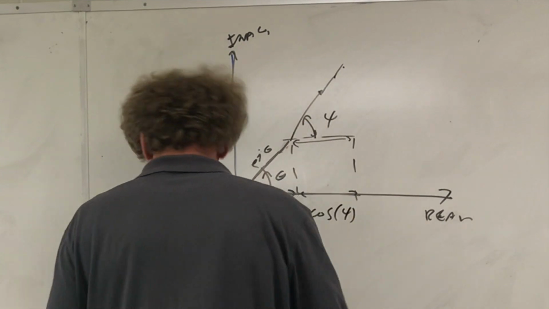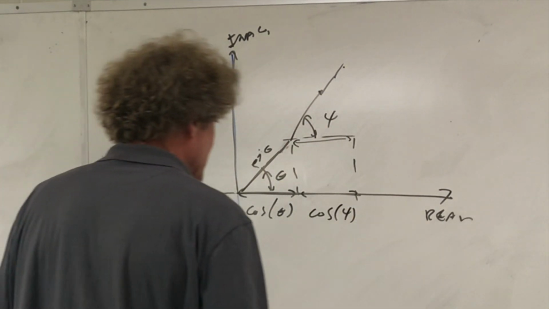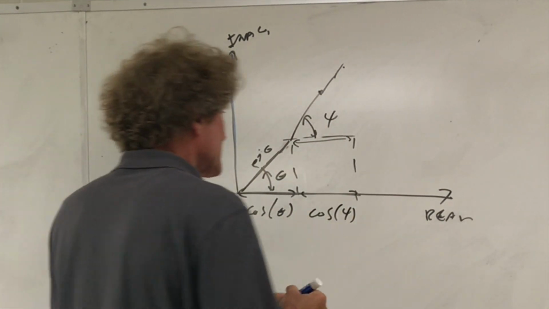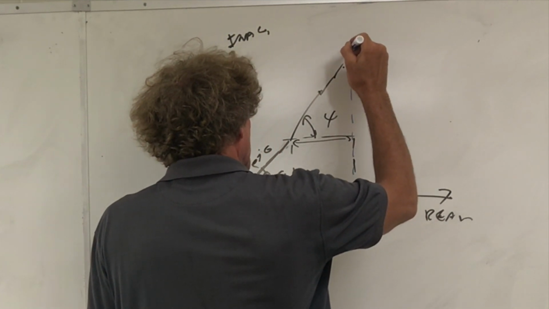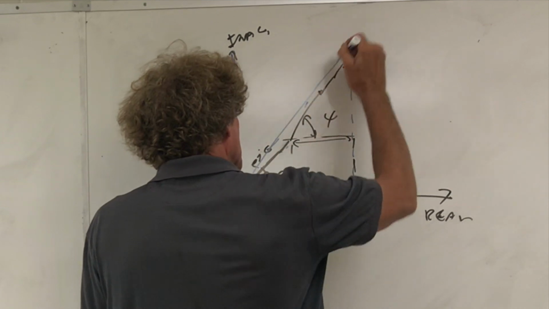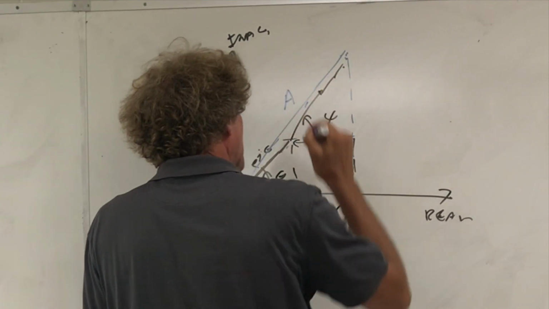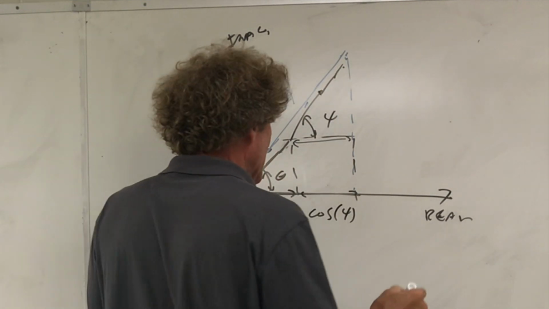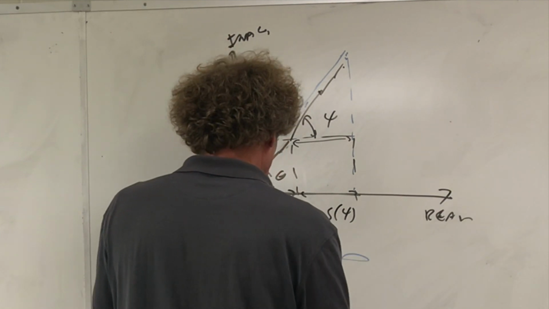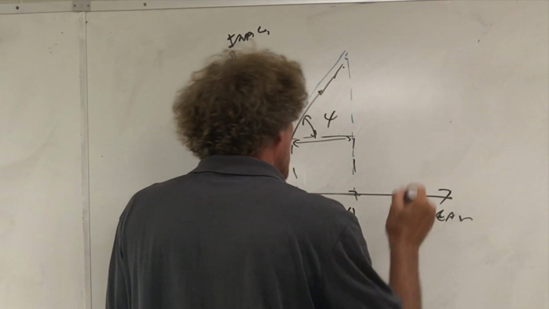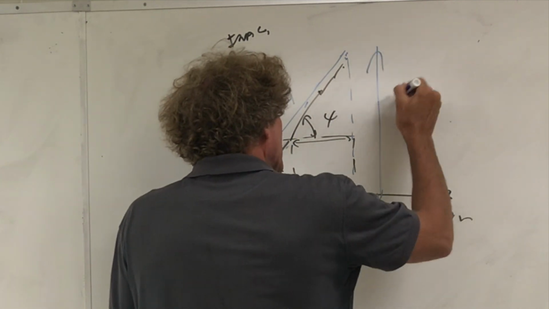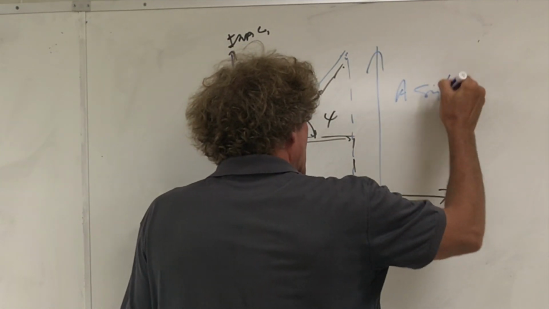Now, if you take this plus this, it has to be equal to, and if I did this right, you would see this would be a radius of a. That would be the actual magnitude of that. The projection here would be a cosine of phi. Now the height of this would be a sine of phi.